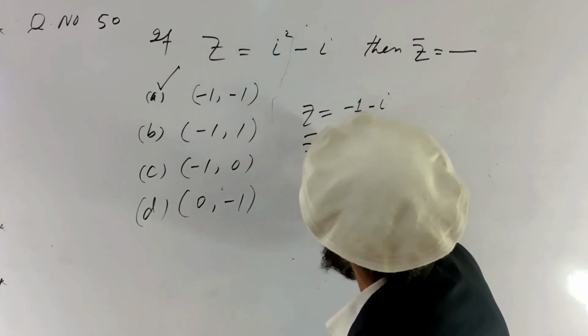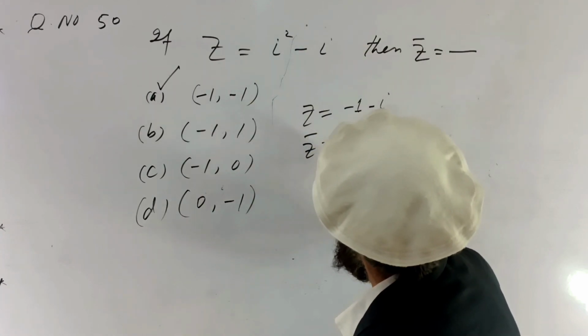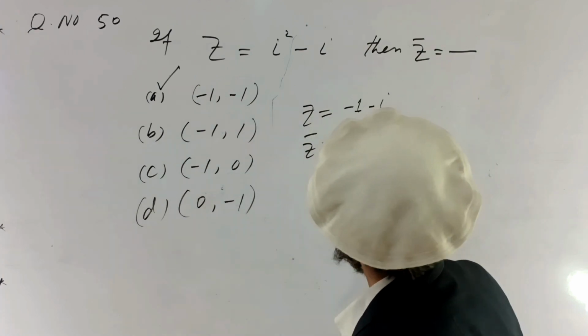If we take the conjugate, the result will be minus 1 plus iota.